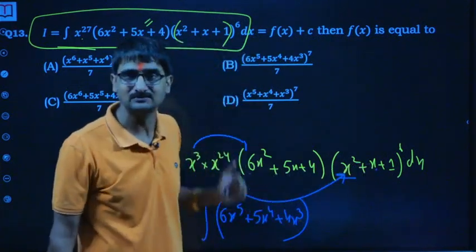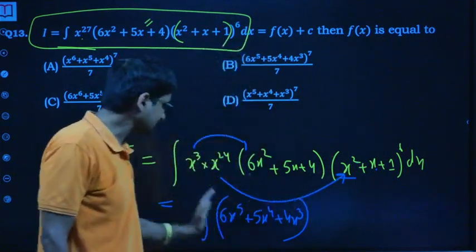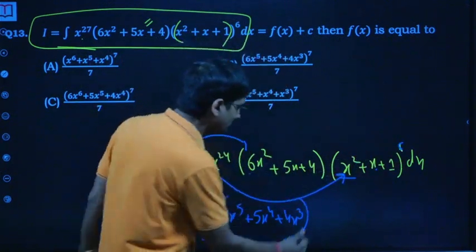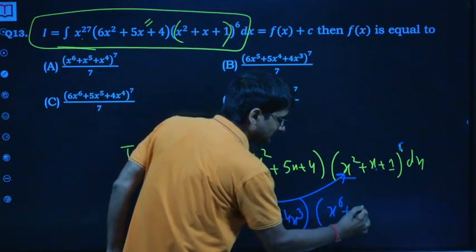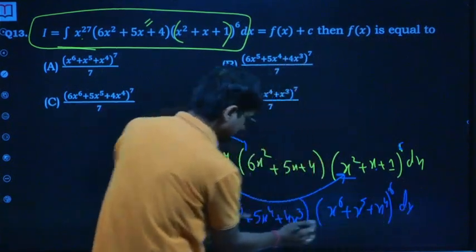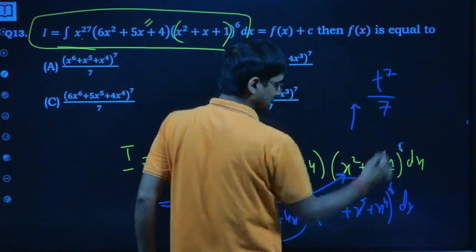So how will you get it? That means you need to increase the power here by 4. So if you take x raised power 24 inside, since the whole power is 6, you get x raised power 4 inside. So you get x raised power 6 plus x raised power 5 plus x raised power 4, raised power 6, and this entire thing is the derivative. So the answer is 3 raised power 7 by 7, where this is 3.